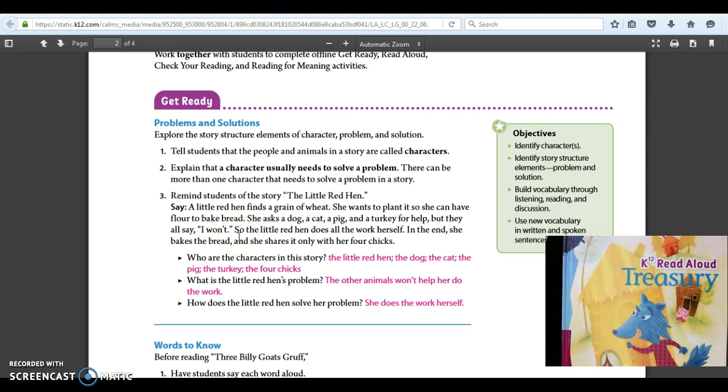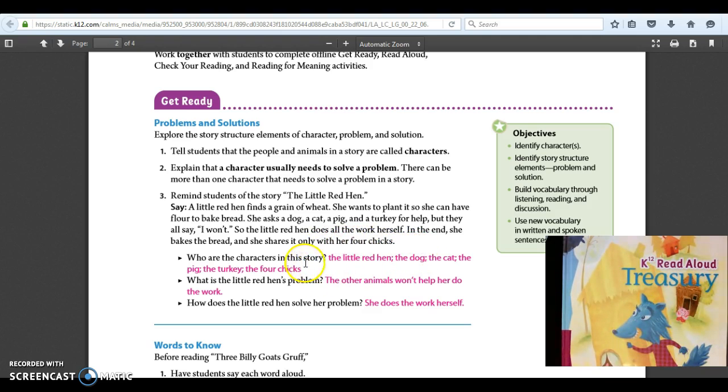A little red hen finds a grain of wheat. She wants to plant it so she can have flour to bake bread. She asks a dog, a cat, a pig, and a turkey for help, but they all say, "I won't." So the little red hen does all the work herself, and in the end, she bakes the bread and she shares it only with her 4 chicks.